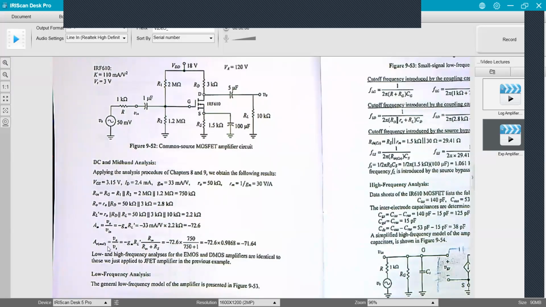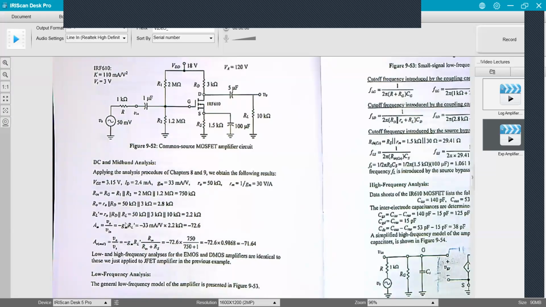And let's see, what is this? So here's my gain here. So this is the gain from this node to the output here. But what is the gain from here, this signal, to the output?